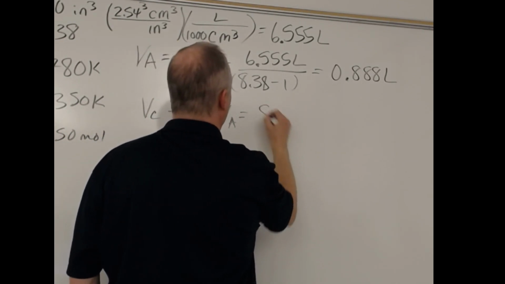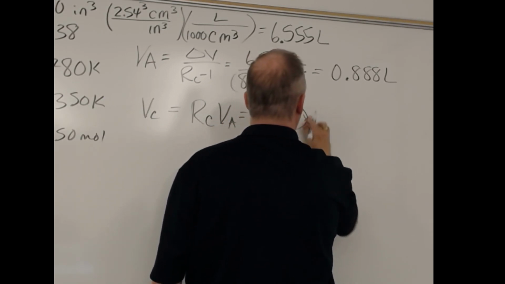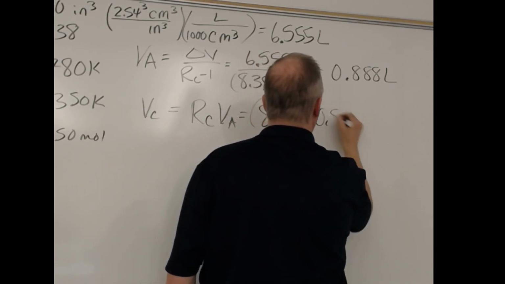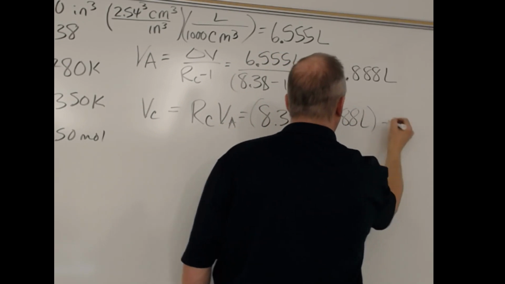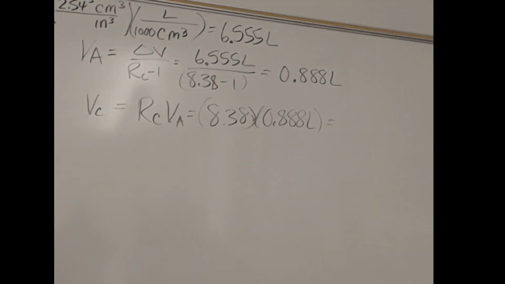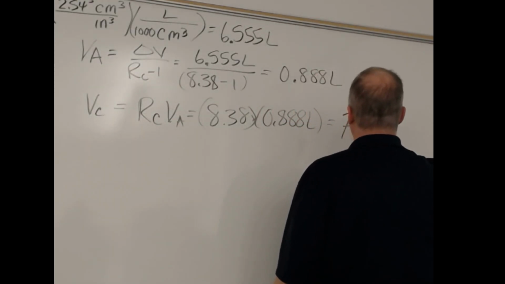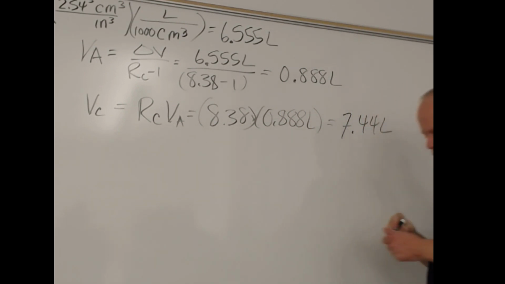So 8.38 times VA gives us VC. 7.44. Let's just do everything in three significant figures. 7.441. Okay, that's good. And so we have our first two variables for the state variables table, and we have the temperatures.